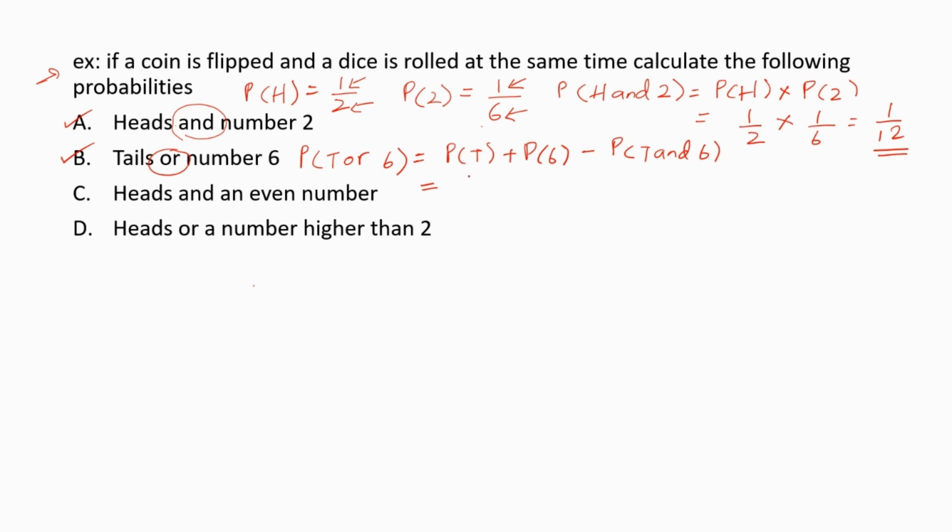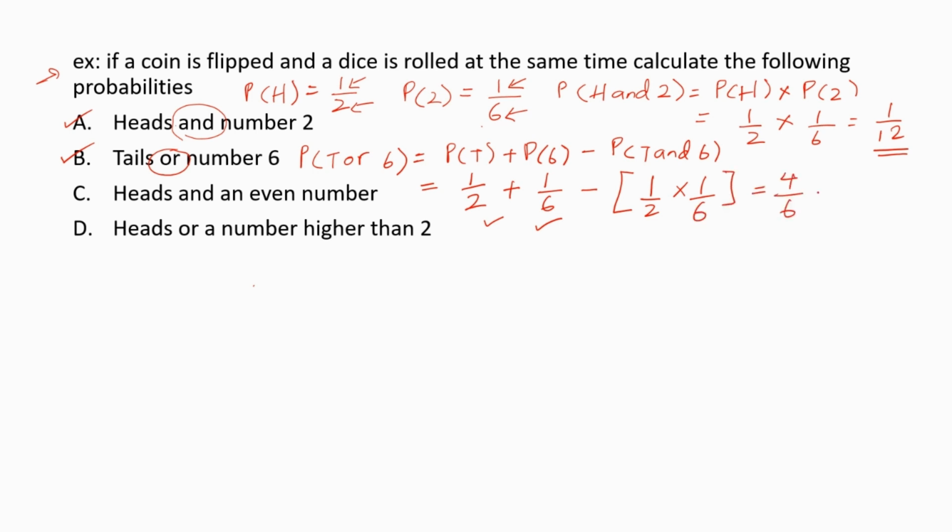So the probability of getting tails is 1 over 2, plus the probability of getting number 6 is 1 over 6, minus P(T and 6). Now we have to multiply these two values because this is the multiplication law, over 6.